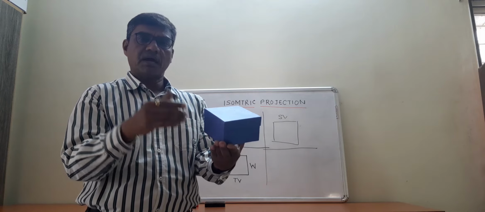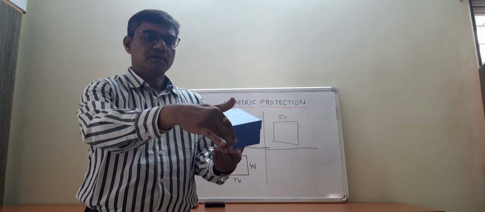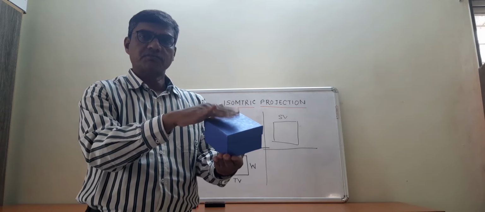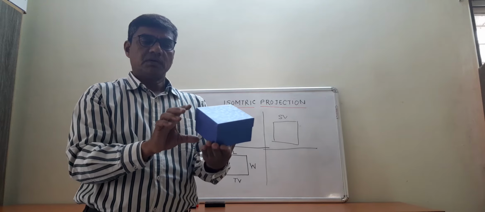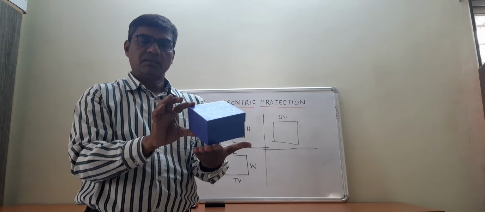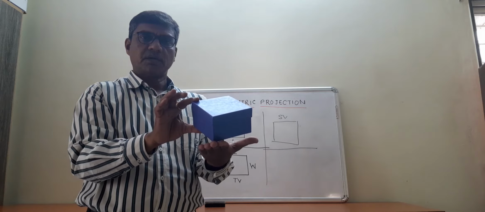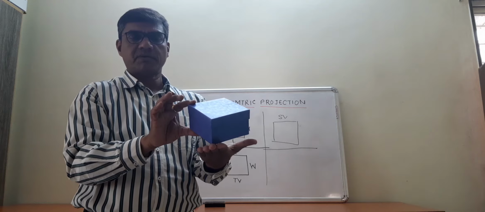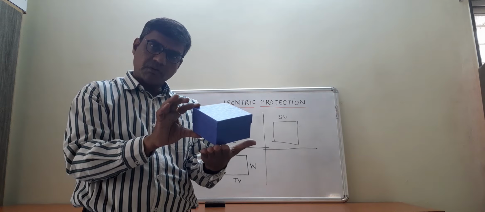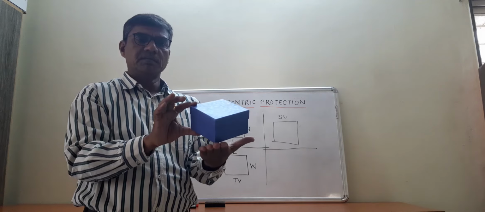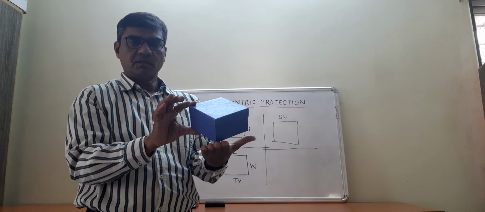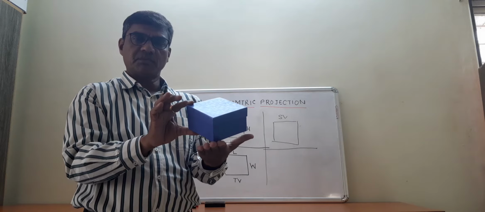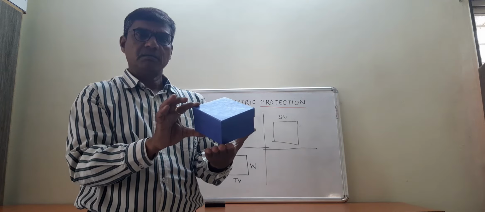Then, as an observer, you can see this as one surface, this as another surface, and the third one, the top surface of the given cuboid. So in this position of the given object, you can see all three surfaces which explain the three-dimensional picture of the given object. So the three-dimensional picture of the given object will be clear to the observer, and this is nothing but what is known as isometric projection. This cuboid or box, in place of this, will be known as the isometric box.